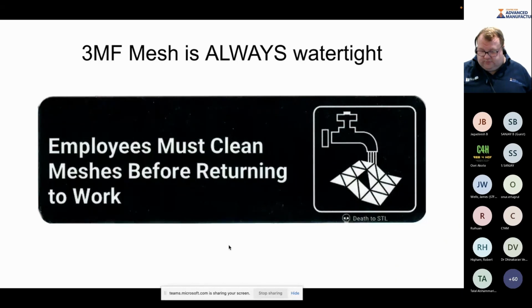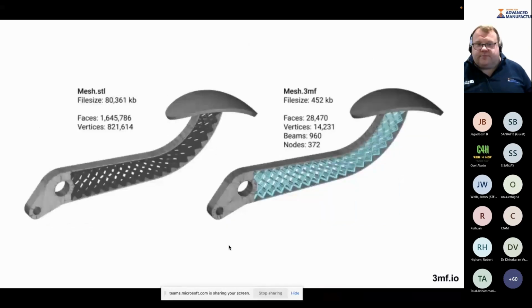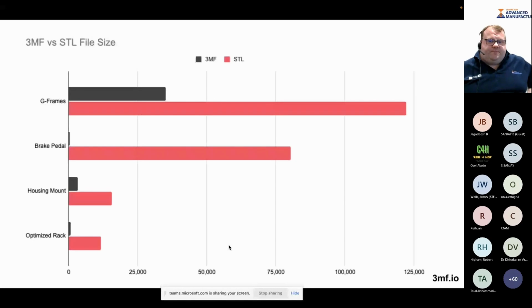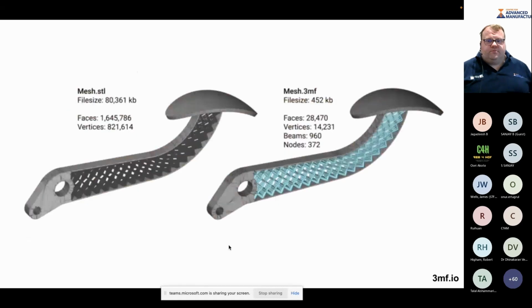And if anyone has any questions, you can interrupt me as we go because I think it's more interesting that way. So if we look at one of the extensions, there's a beam-based one for lattice structures. Again, you can see the file size difference in this initial thing, the brake pedal you see here. You can barely see the size of the 3MF versus STL just because we're communicating the lattice structure as the endpoints of the lattice beam and the diameter of the beam.